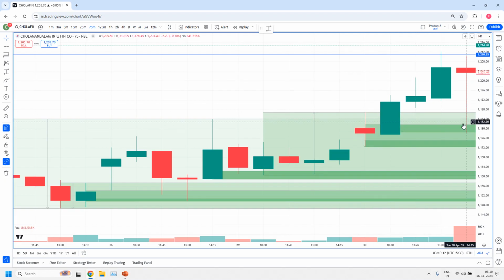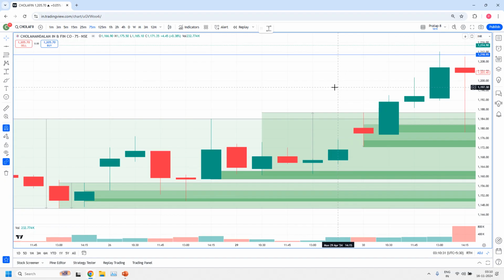Actually they entered into the 75-minute zone, but here you have the actual lower time frame order flow. And again it came up. Everything happened in the last 75 minutes candle. Did it really happen in the entire 75 minutes candle, or again in the last few minutes of the 75 minutes candle? That we will see in the next 15 minutes time frame.